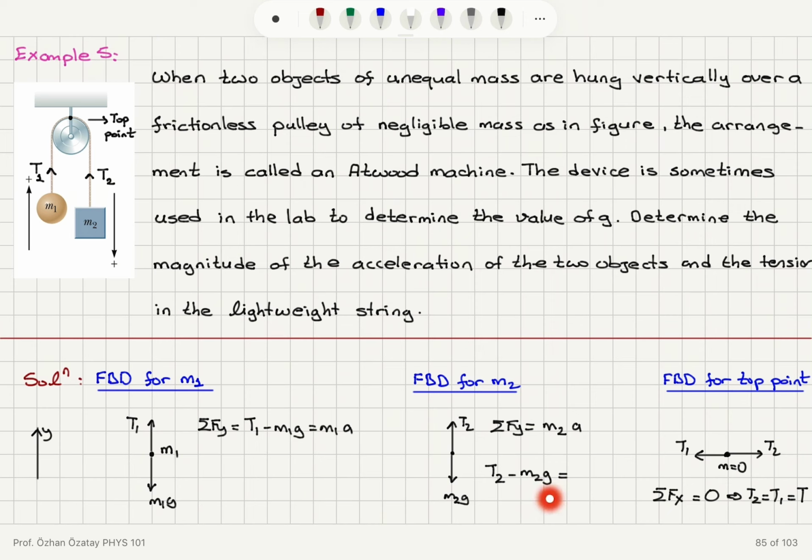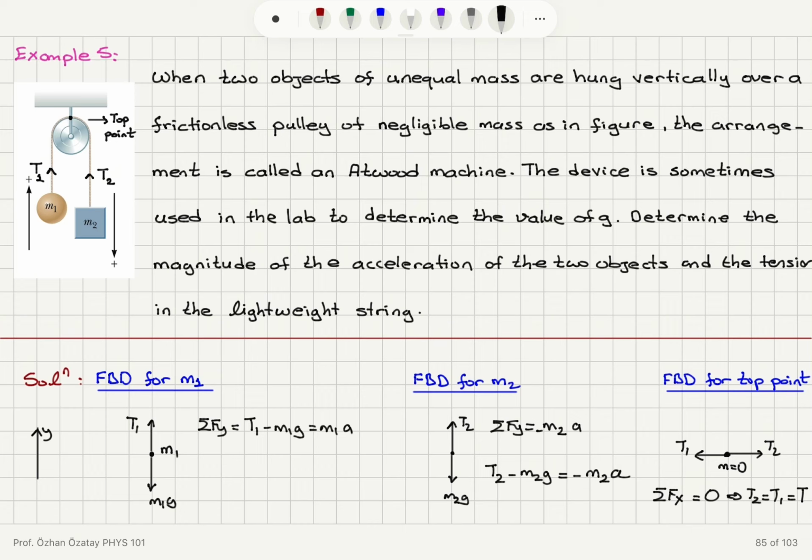Or if you write it this way, T2 minus M2g, then as a vector you can see that this acceleration is minus M2a, because the acceleration is pointing down. So we have to be careful here with the direction of acceleration.